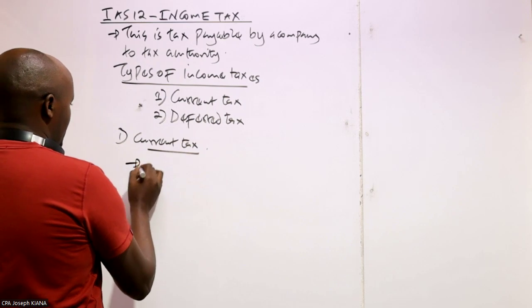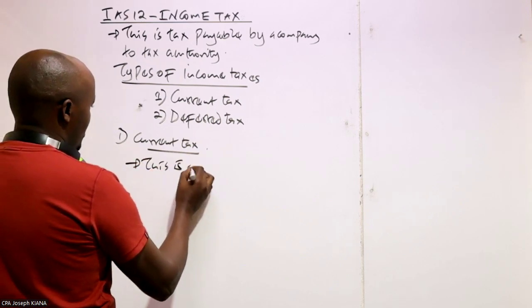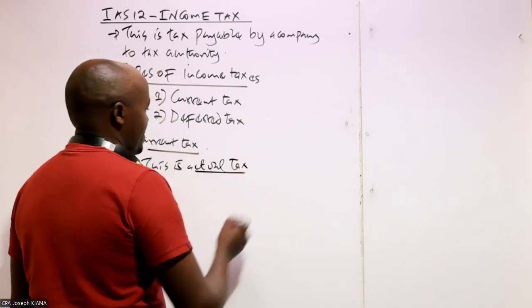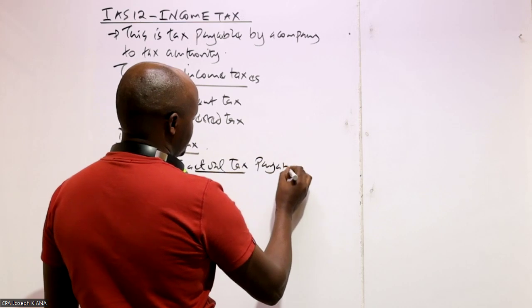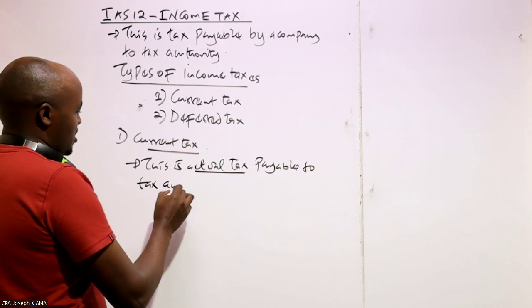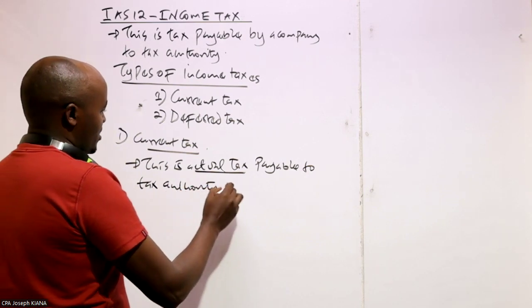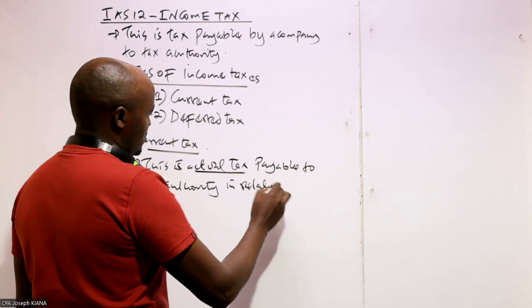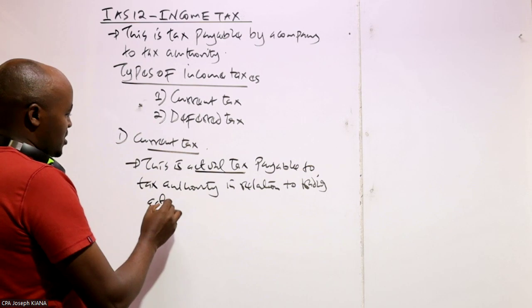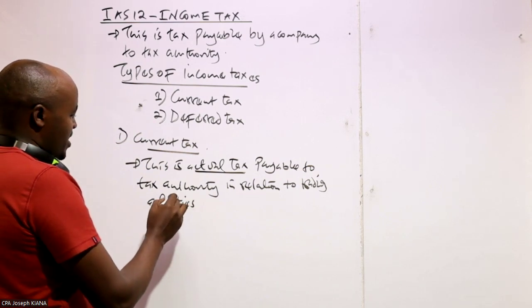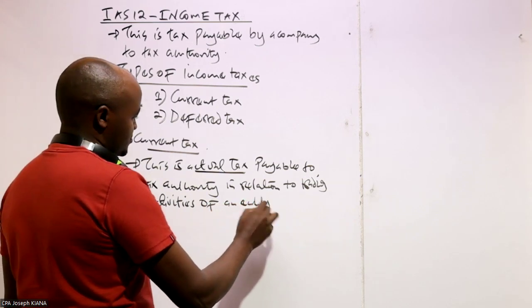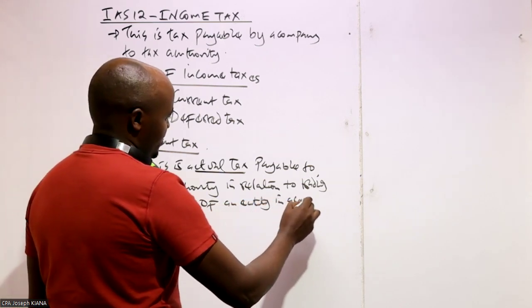So current tax is the actual tax payable to the tax authority in relation to trading activities of an entity in a certain financial year.